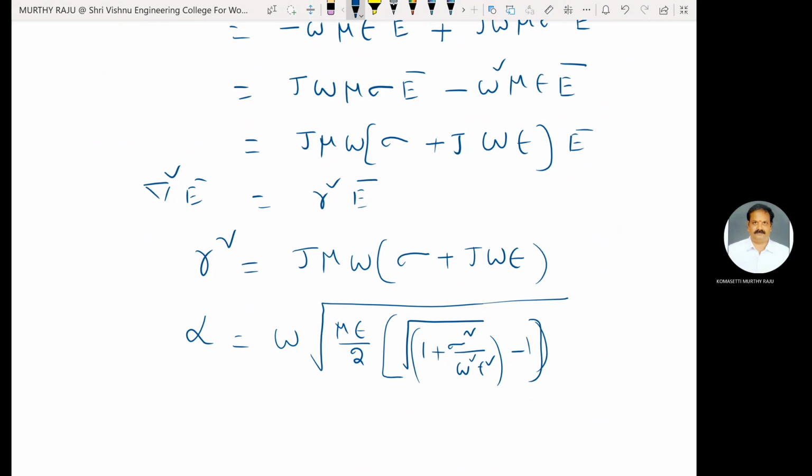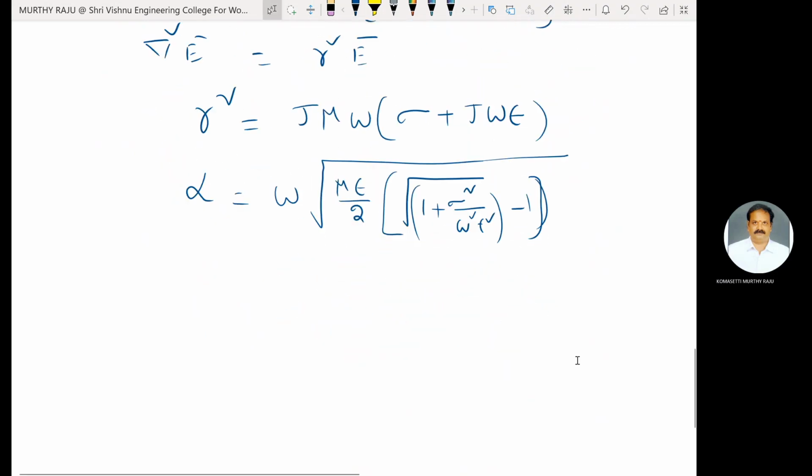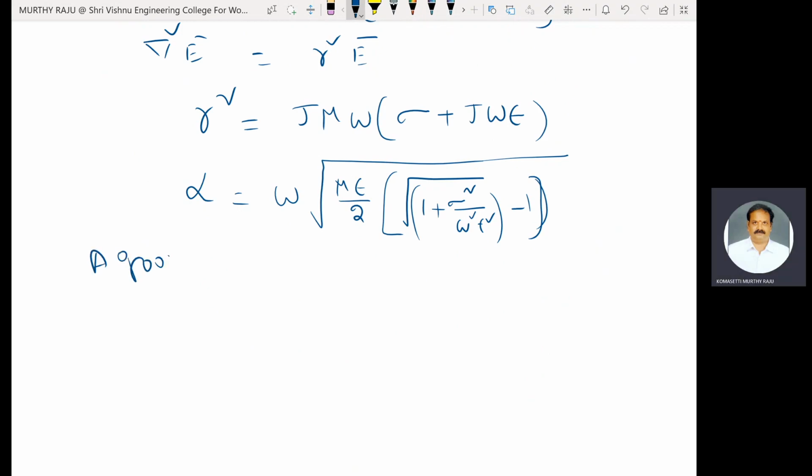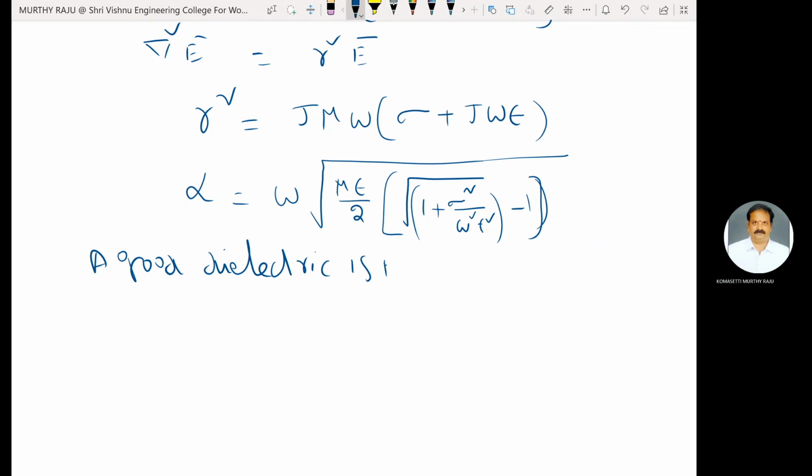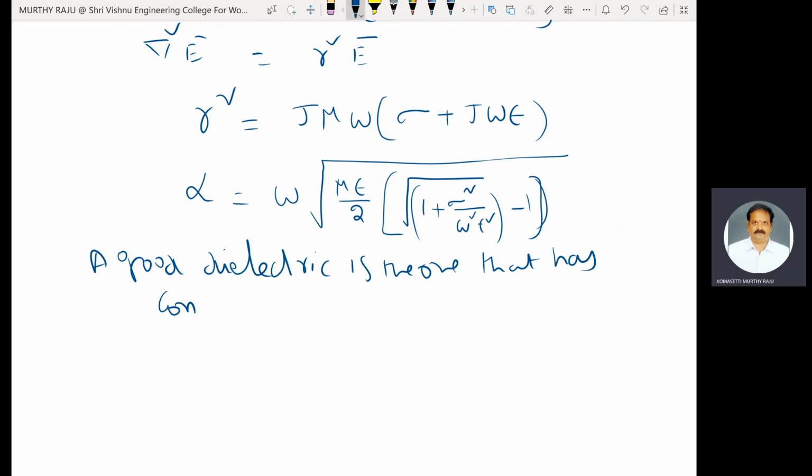In case of a good dielectric, a good dielectric is one that has conductivity sigma much less than omega epsilon.